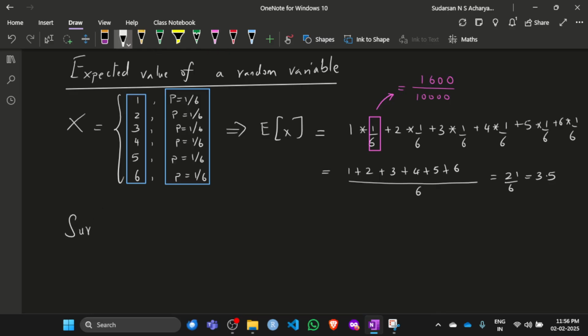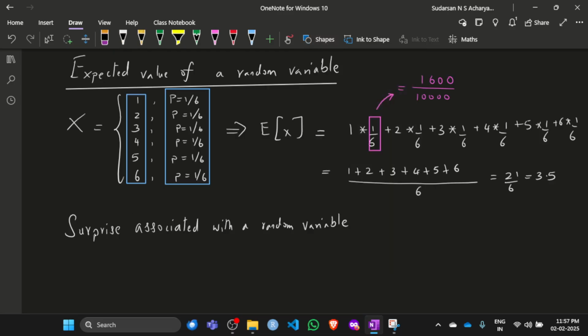The surprise. So surprise, you can think of it as a number just like the expected value. Surprise associated with a random variable. So I'm going to motivate this using a simple example to start with, right?